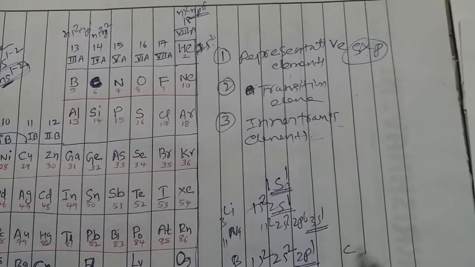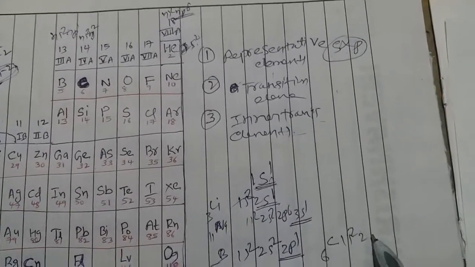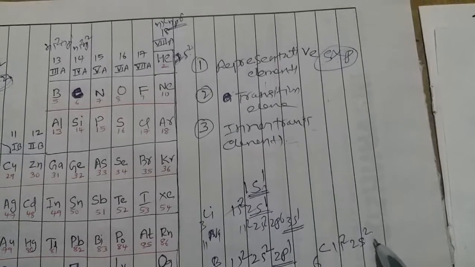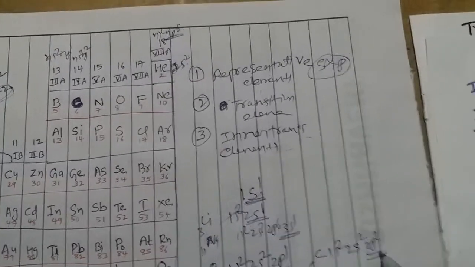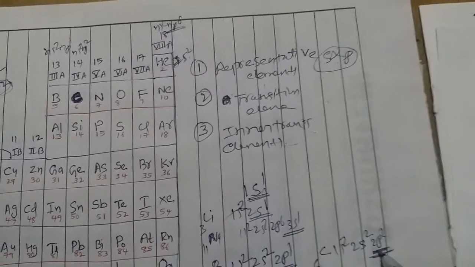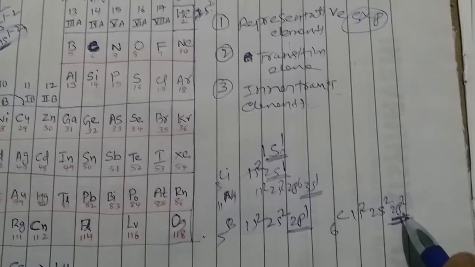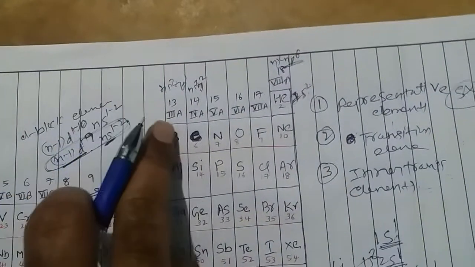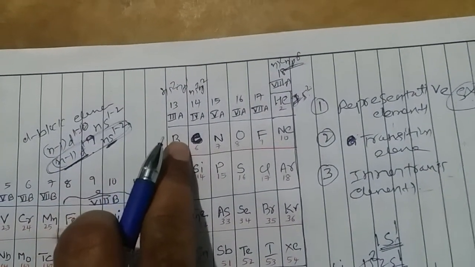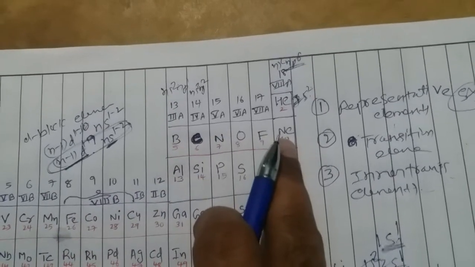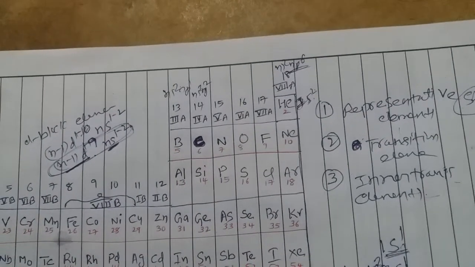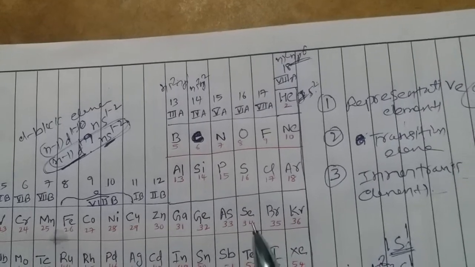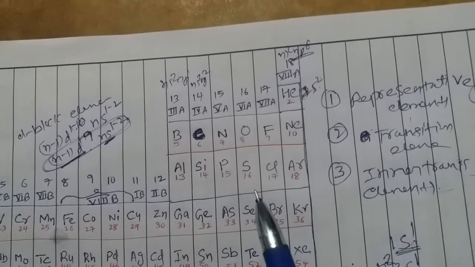For carbon, 6, it is 1s2 2s2 2p2. In this also the valence electron is entering into the p subshell. So from the boron family to the zero group family, the differentiating electron is entering in the p subshell only.